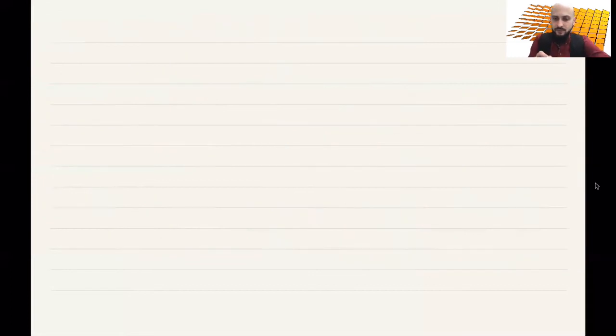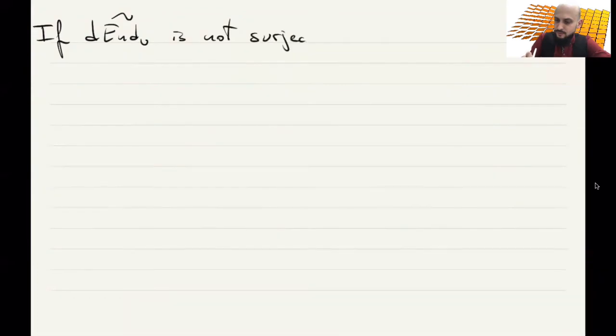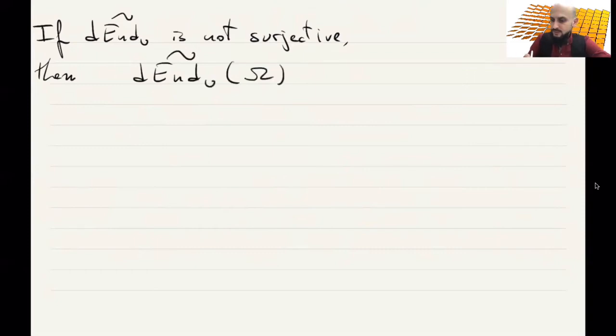So let's deduce: if the differential of the extended endpoint map of u is not surjective, then, by definition, its image of omega is a proper subset of the tangent space at gamma u of G times R. Now let's see this space.